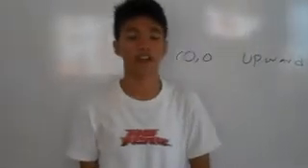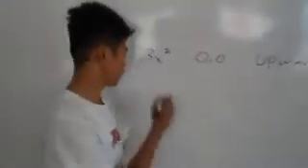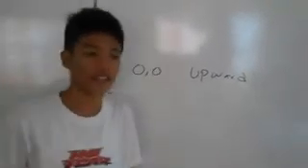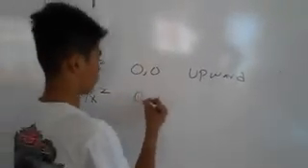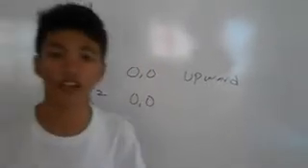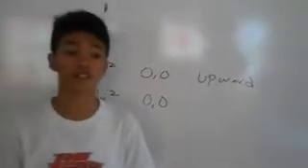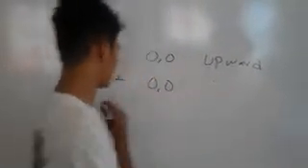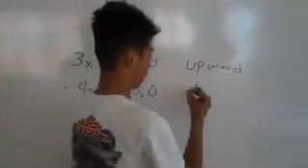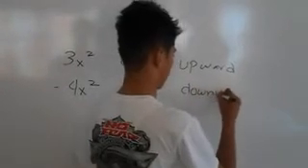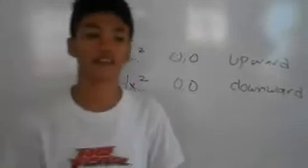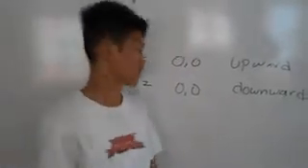Another one: negative 4x squared. The vertex is (0, 0). The direction of opening is downward because a is negative, and the vertex is a maximum because a is negative.